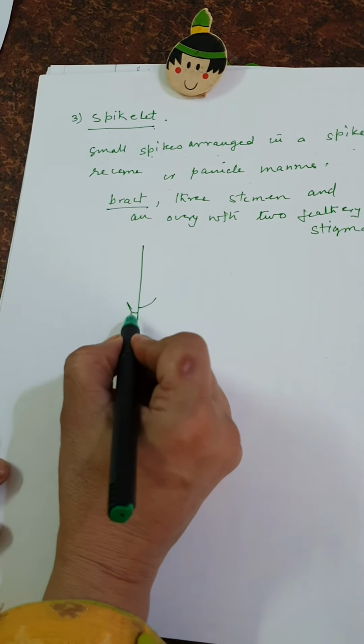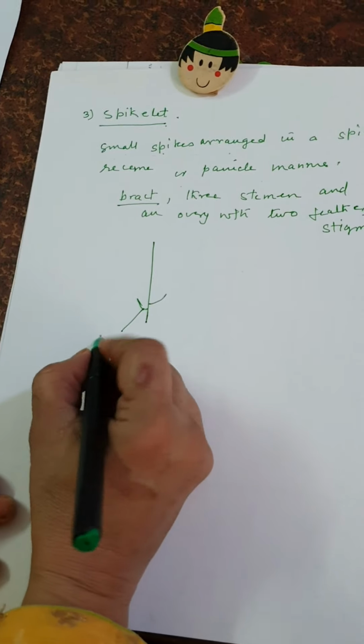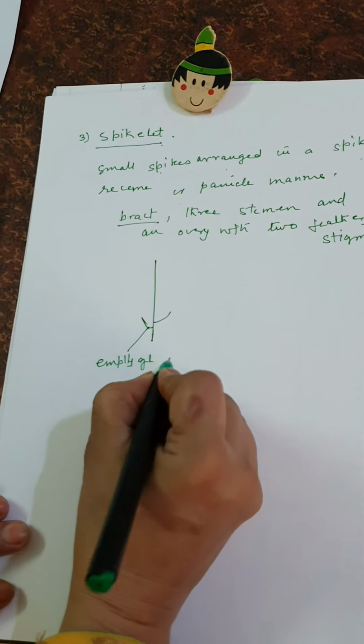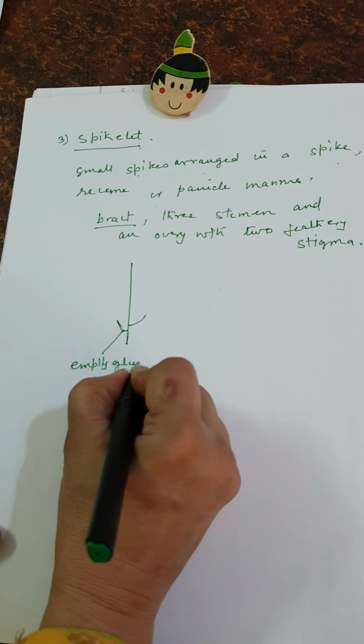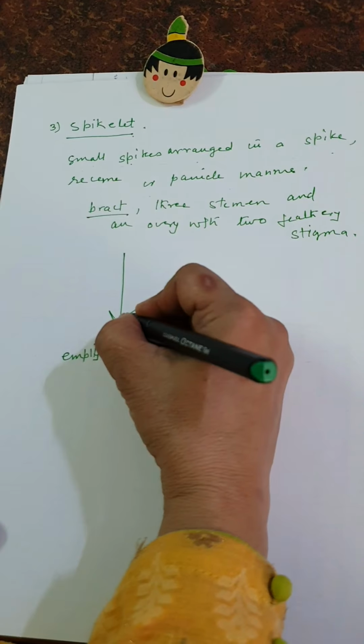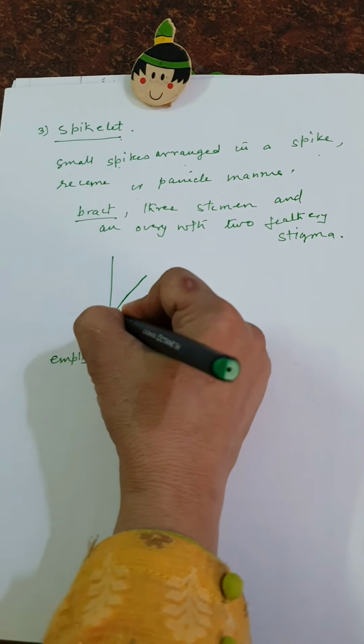There are two types of bract. Some are empty bracts, which are known as empty glume. On the other hand, some bracts have floral structure. This type of structure is the floral axis.